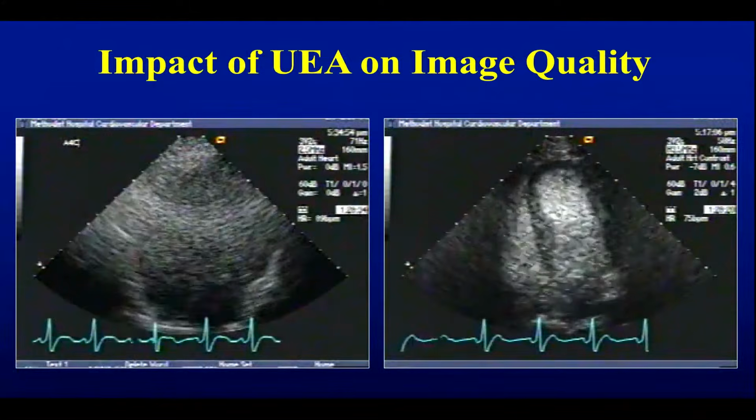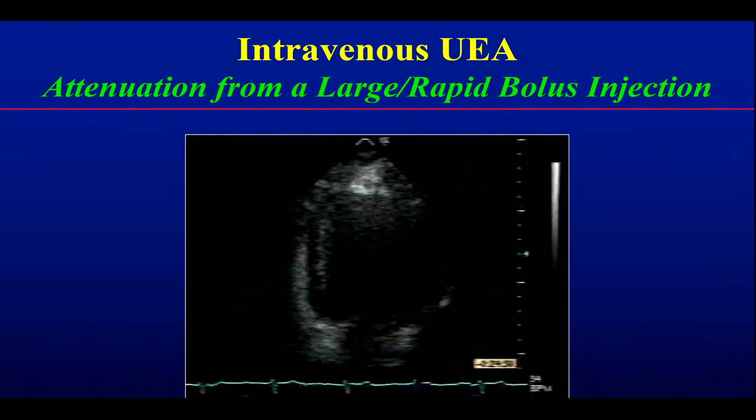The question is, how do you enhance such? What are the things that you really need to know about the various issues? One is that these tiny microbubbles, irrespective of the agent being used, can reflect a lot of ultrasound. If you inject a fully concentrated and rapid injection, you're going to have so much contrast coming in that at some point it may reflect all the ultrasound.